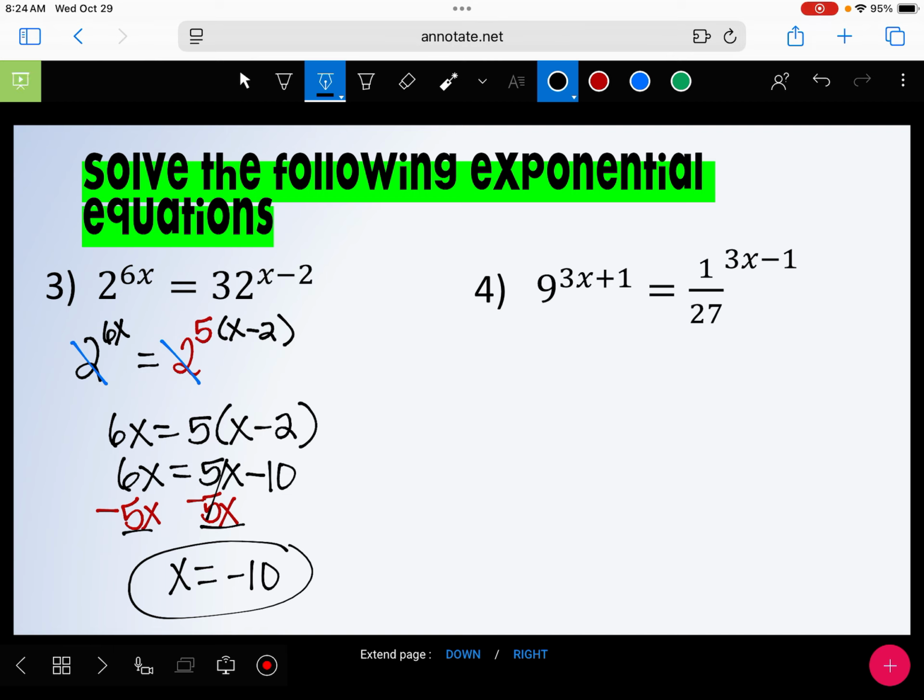Since you're trying to get to 32, 2 to the power of 8 would be more than 32. So higher. So this should be 2 to the 5th.